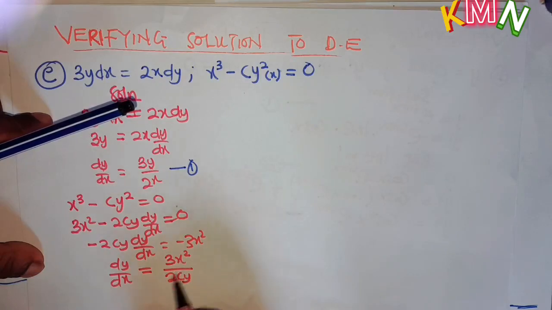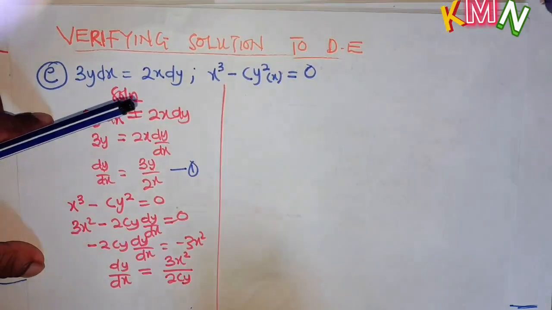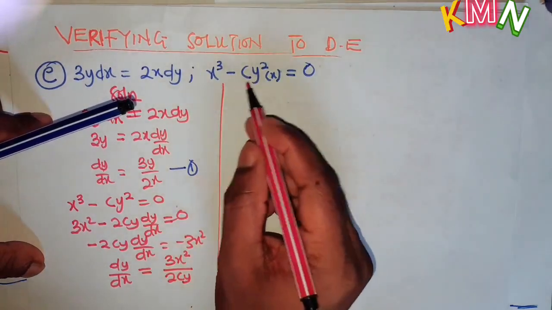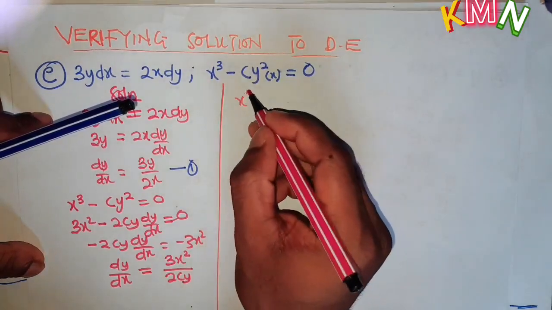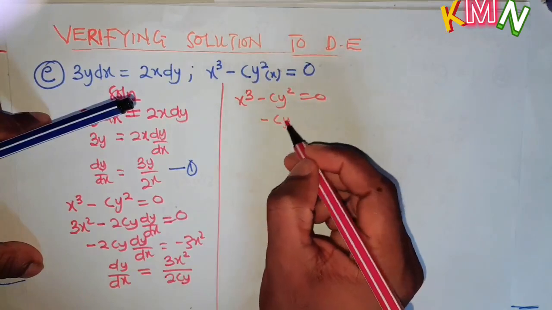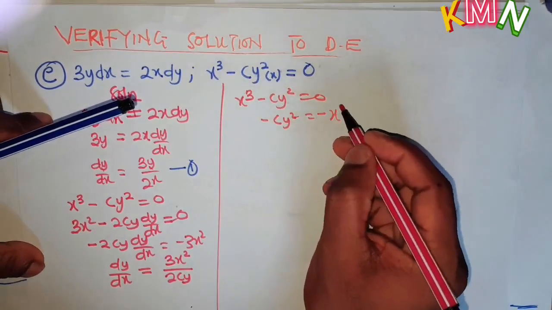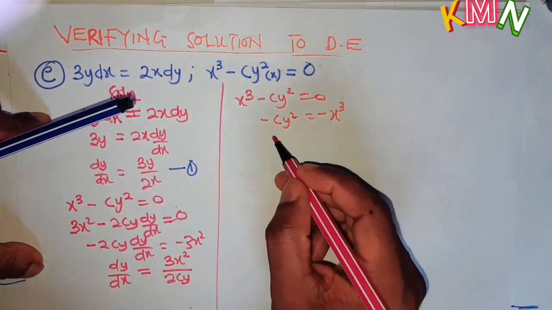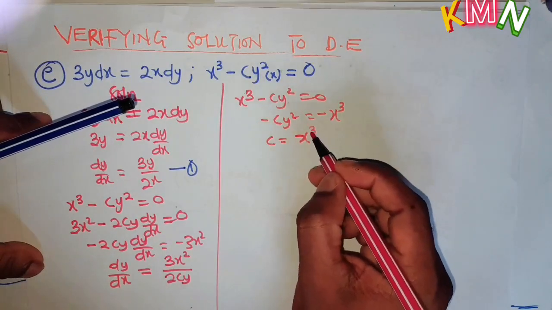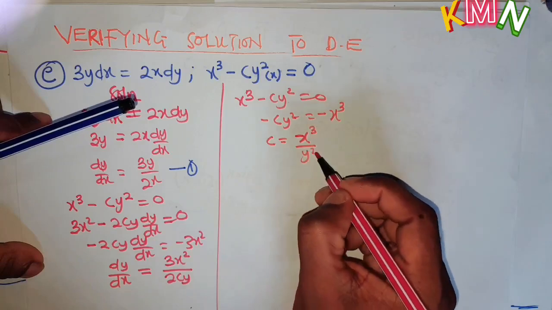The negative will come and that will cancel out. But you can see there's a c here. Let's find that c by making the c subject from the original question. So making c the subject, our cy squared is equal to negative x cubed, and with that our c will be x cubed on y squared.